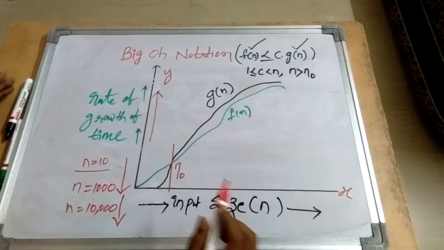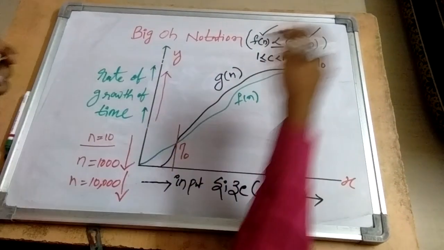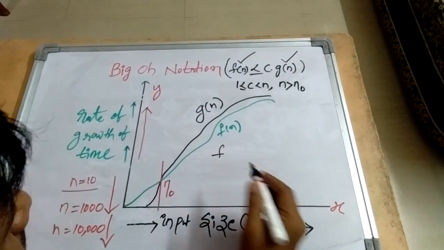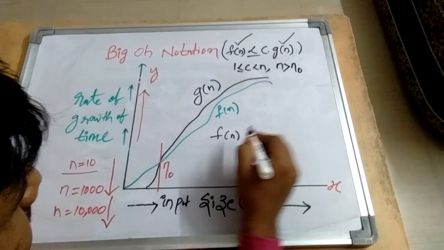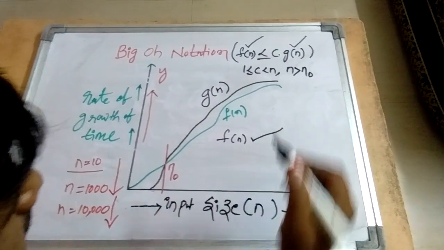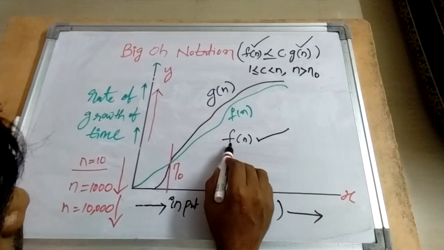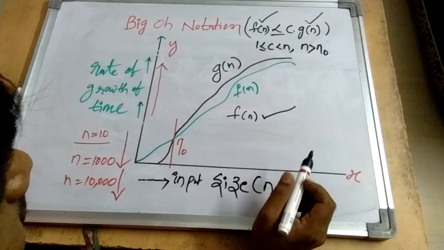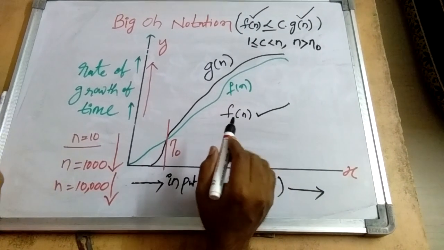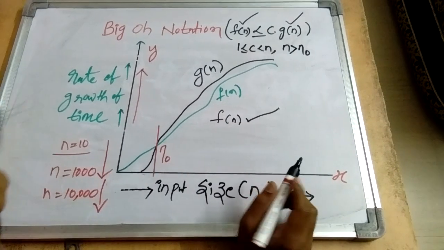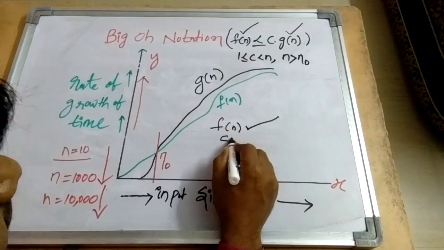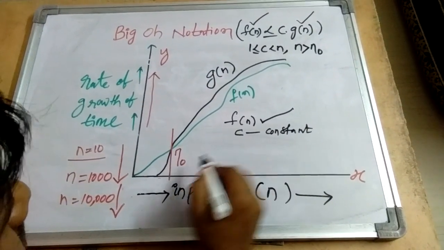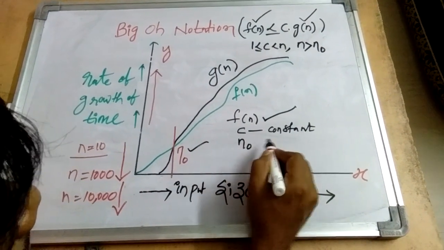Now the concept is we have to find this f of n. In the next couple of minutes we will be discussing how to find this f of n, which depends only on the input size of the problem. We don't want to consider what type of CPU, the workload on the CPU, or the number of applications you are running in parallel. I want to make f of n dependent only on the size, and I also have to find the constant c for the given algorithm, and also this n naught, which is a positive integer.